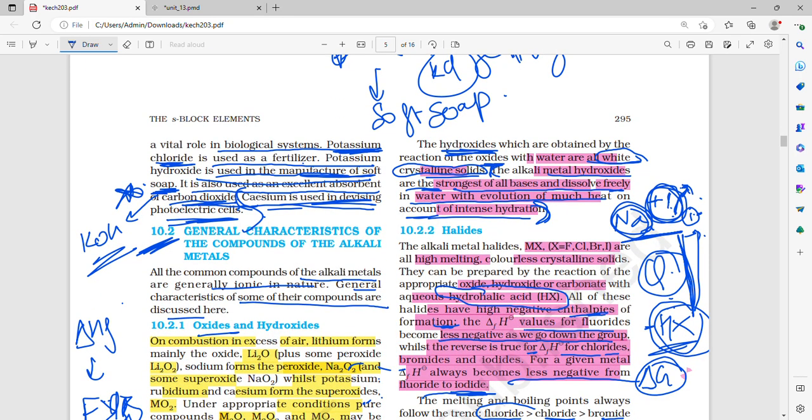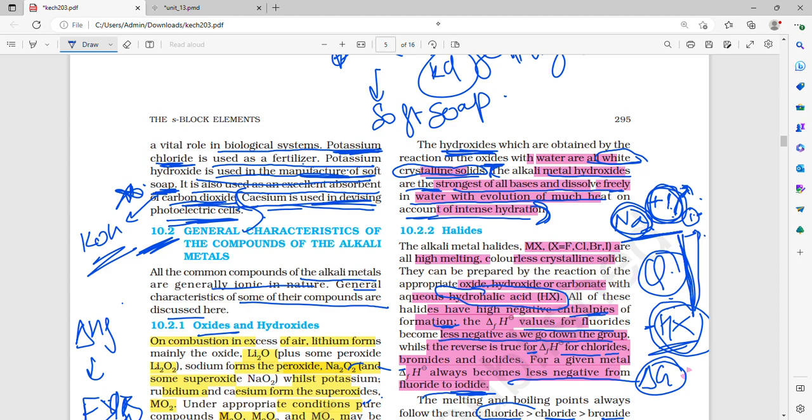So, about potassium: it has a vital role in our biological system, potassium chloride is used as an excellent fertilizer, and potassium hydroxide is used in the manufacture of soft soap. The same potassium hydroxide also makes an excellent absorbent of carbon dioxide.